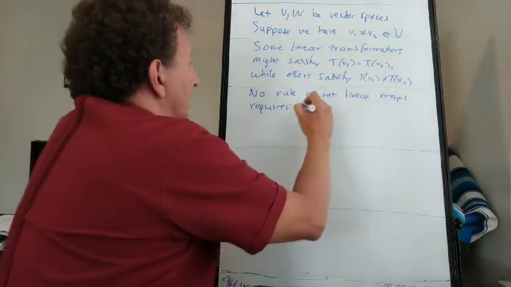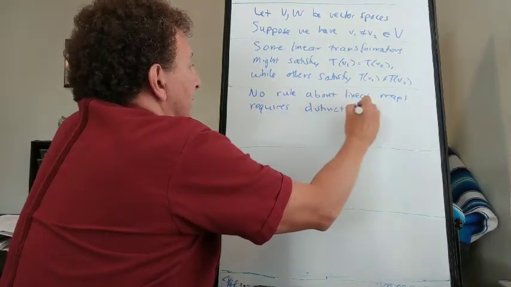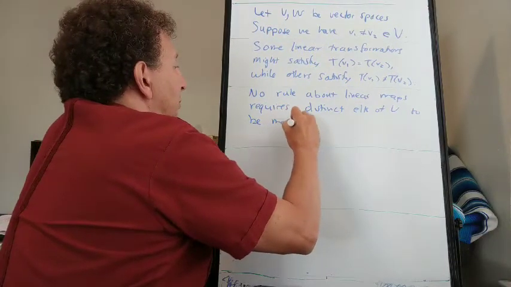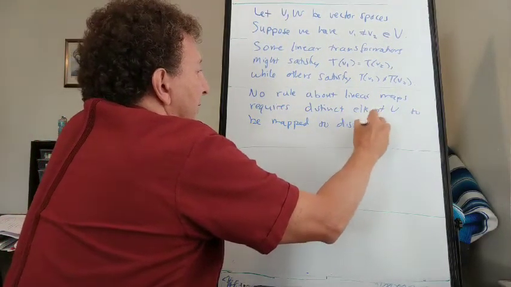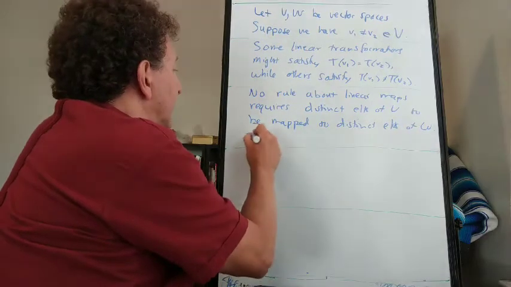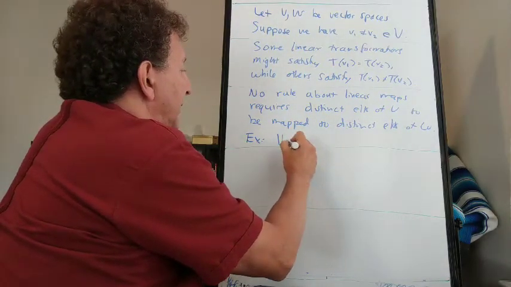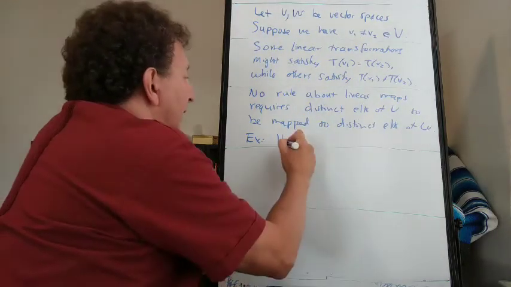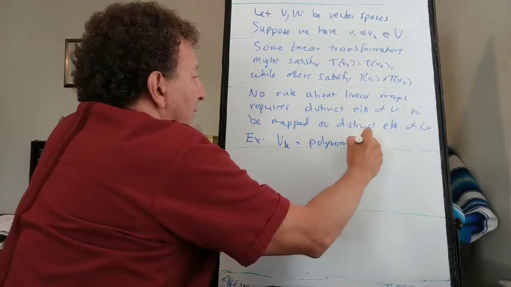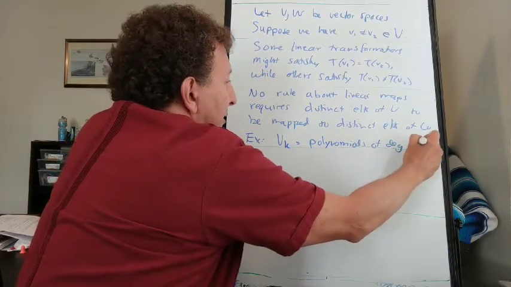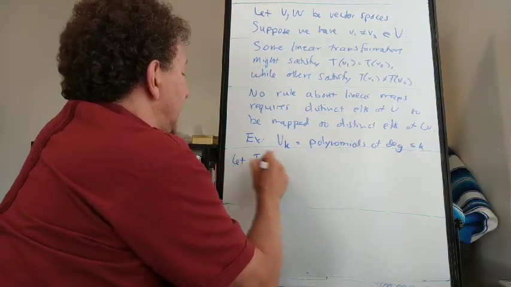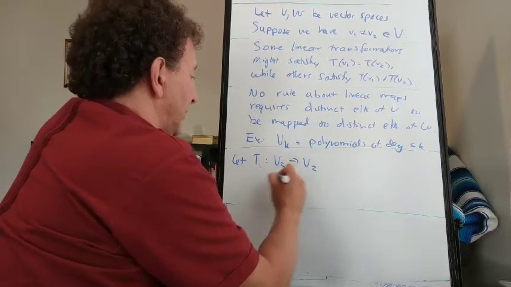So no rule about linear maps requires distinct elements of V to be mapped to distinct elements of W. So for example, let V_K be the space of polynomials of degree less than or equal to K. And let's let T1 from V3 to V2 be differentiation.